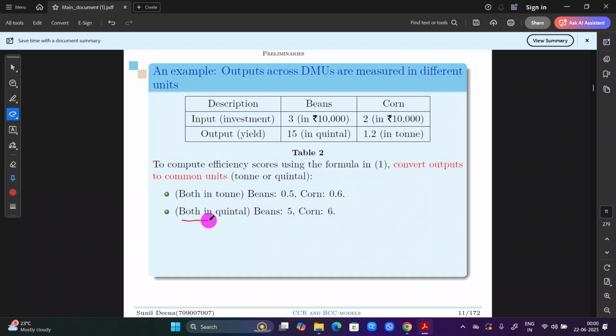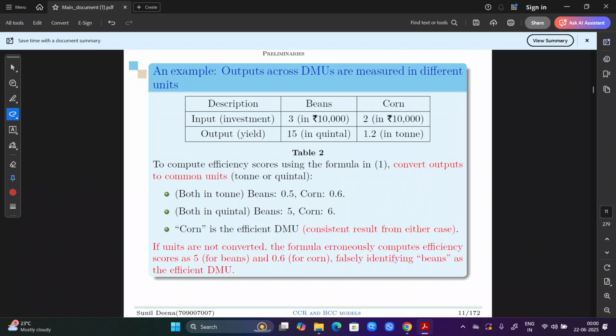If both in quintal, the value for beans is 5 and corn is 6. Still we get corn as the efficient DMU, consistent in either case. Now consider if units are not converted, then the formula wrongly computes the efficiency score as 5 for beans and 0.6 for corn, falsely identifying beans as the efficient DMU. So without converting the unit, if we apply the formula, we may get the wrong result.